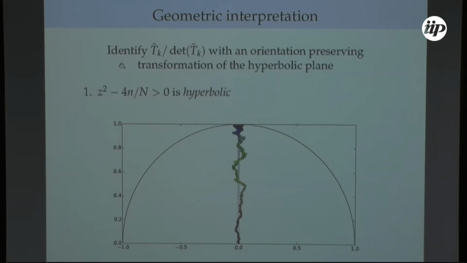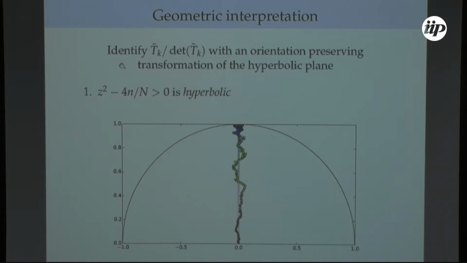So what's going on in the simulation? You can identify 2x2 matrices with isometries of the hyperbolic plane here after removing the determinant, which is a simple operation. And for simplicity, I've taken one such hyperbolic matrix.